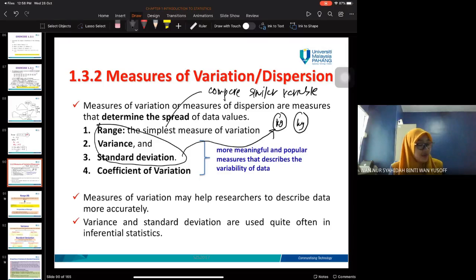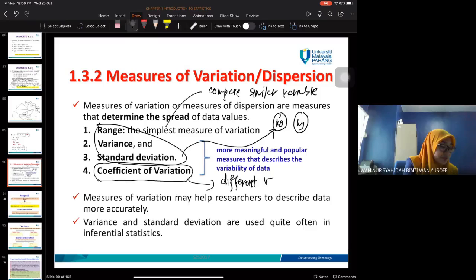You can calculate the range, the simplest measure of variation, or you can go to the variance or the standard deviation. So when do we use the coefficient of variation? We use it when we compare different units, different variables. Let's say that we compare kg versus cm. With two different units, the only measure that we can use is the coefficient of variation.